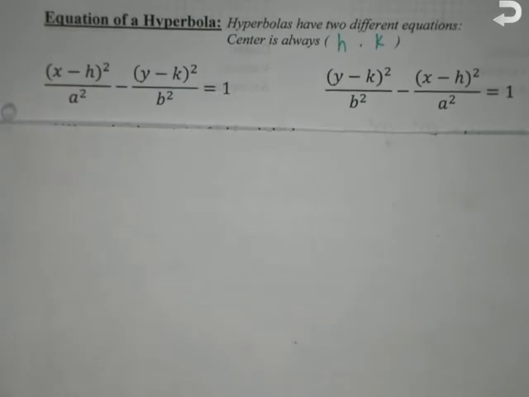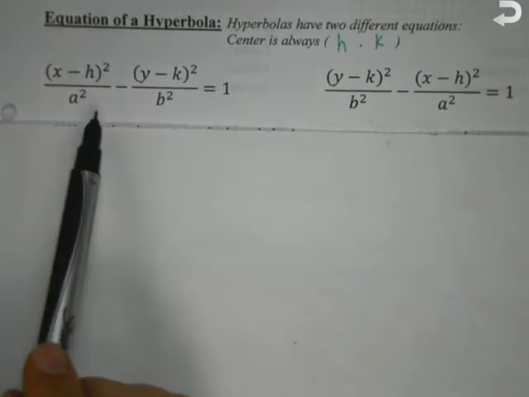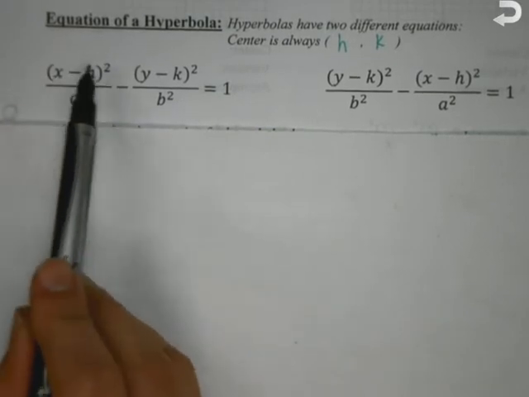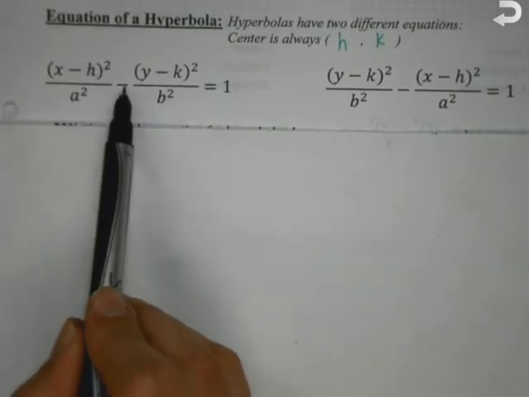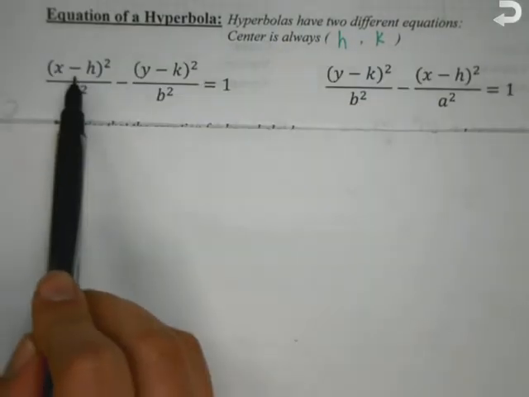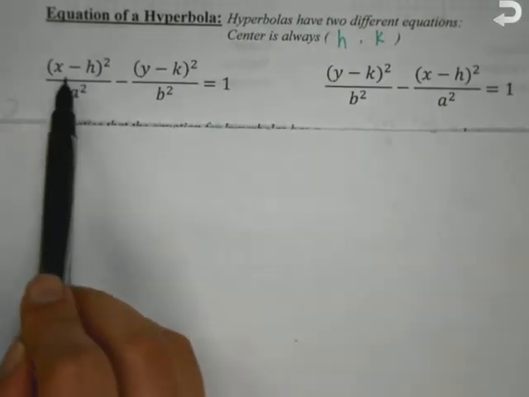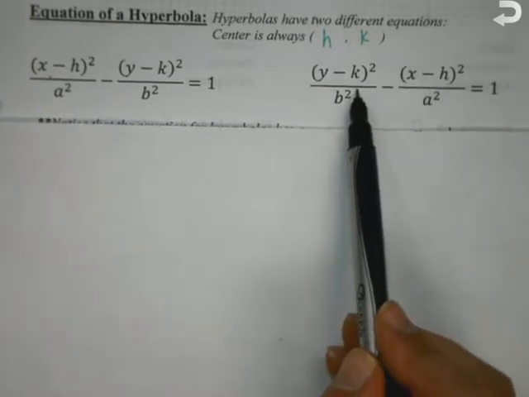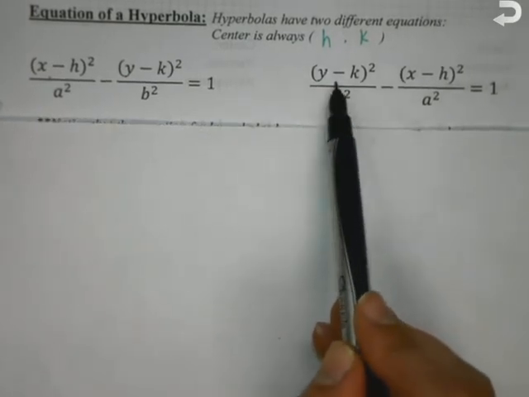Now, the order actually makes a difference. If x is in front, x minus h squared, minus y minus k squared, the vertices are on the x-axis. If the second equation is what happens, y is in front, the vertices are on the y-axis.